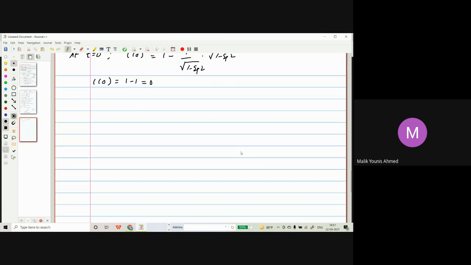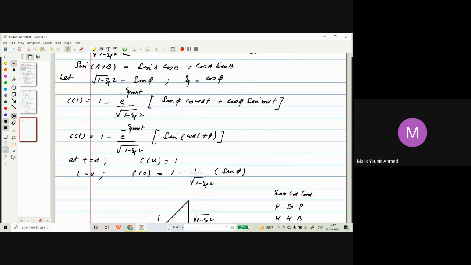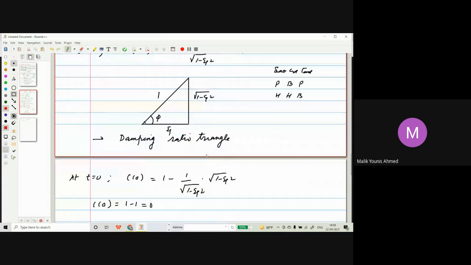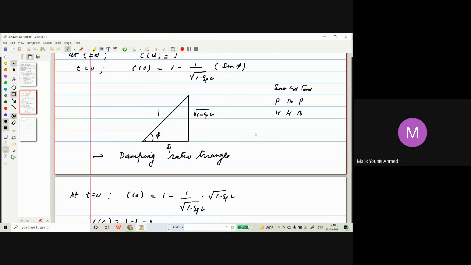Now have a look. I will box this relationship. This is a very important relationship for us. You have to remember it. What is phi? I will use tan phi also, so let me define the tan here. Sine we have defined.